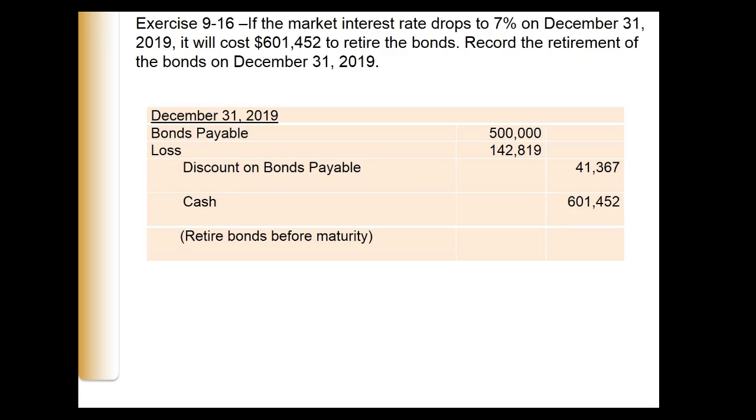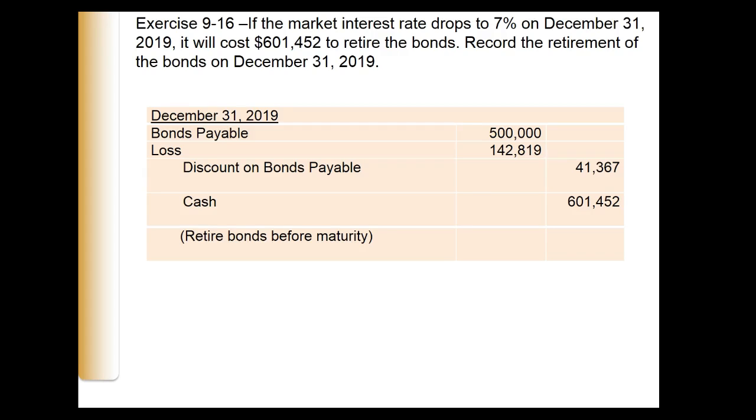So the bonds payable of $500,000 just wipes out our bond account. We know the discount on bonds payable needs to be also zeroed out. The cash of $601,452 is credited.